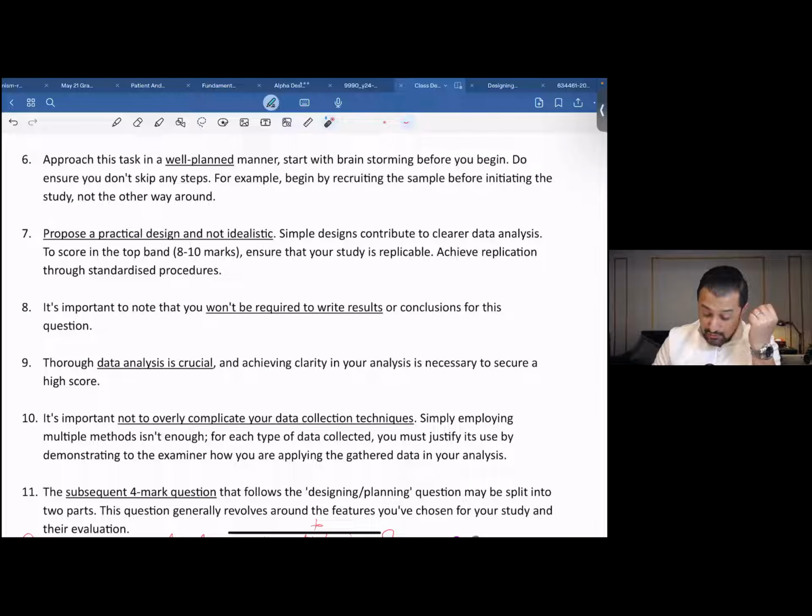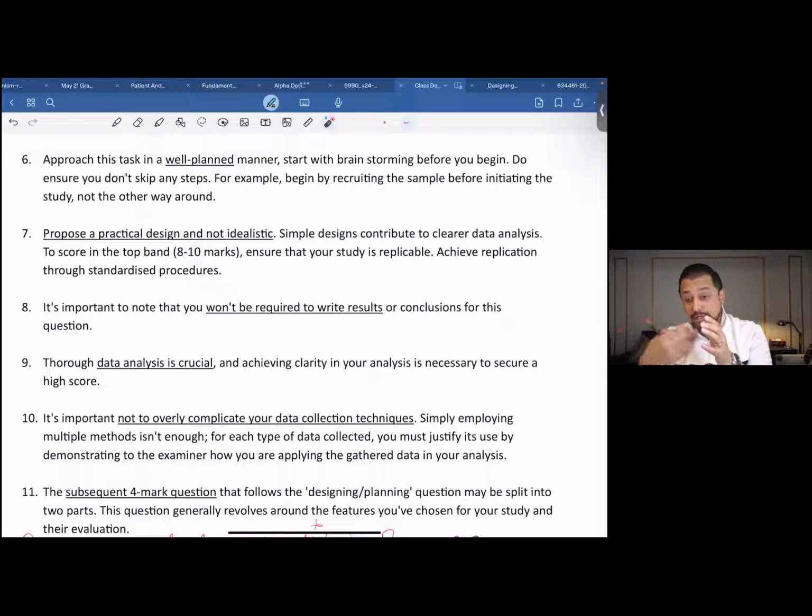Start with brainstorming before you begin. Do ensure that you do not skip any steps. Remember, when you're talking about planning up a study, initially it has to be the aim, the hypothesis, which again you're not really expected to write down over here.